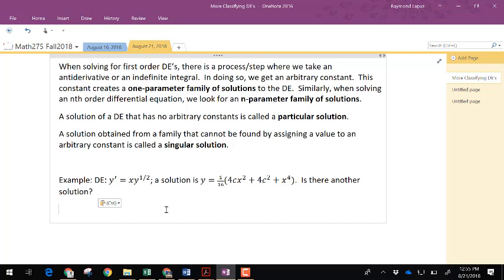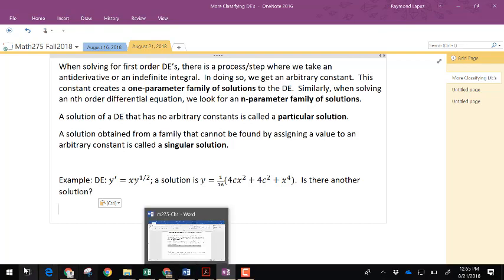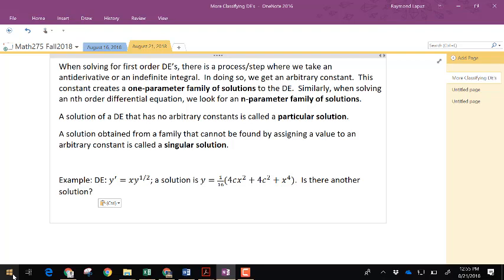I know there's two C's in there, but those C's are the same C, so it's really just a one parameter family of curves that fits that particular differential equation. So this is a one parameter family of solutions.